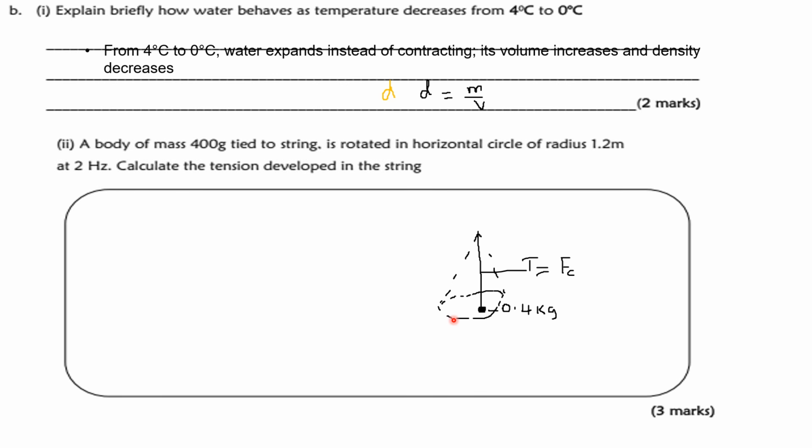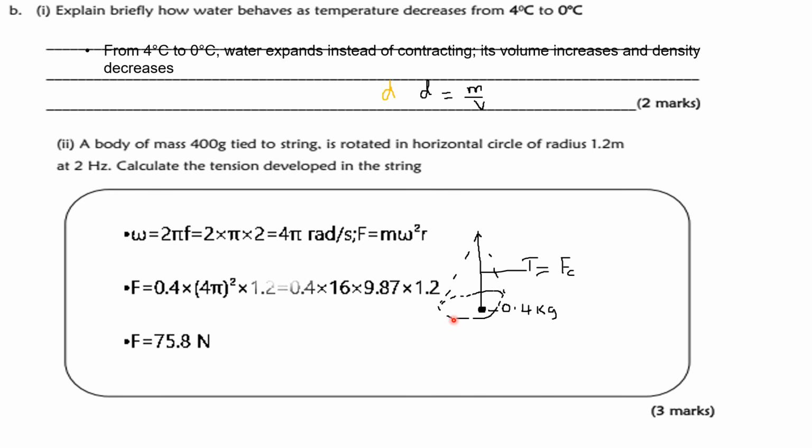So in this case, we shall need first of all to find what is called angular velocity. Angular velocity is 2 pi times frequency. So 2 pi times 2 is 4 pi radians per second. That's angular velocity.